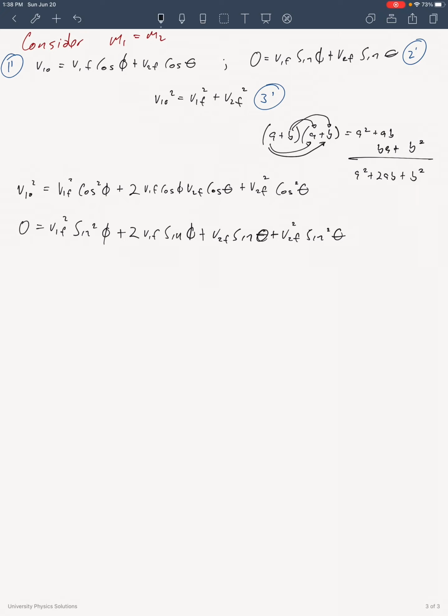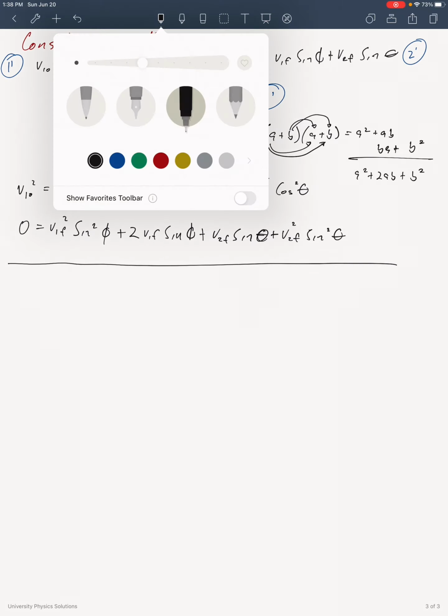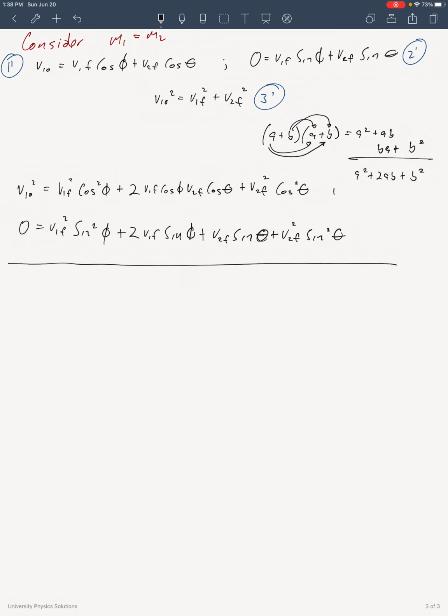So now I'm going to add these two equations. I'll give them names. This will be equation 1 double prime, equation 2 double prime, and so I'm going to add 1 double prime plus 2 double prime. Alright, let's see if that should be enough space.